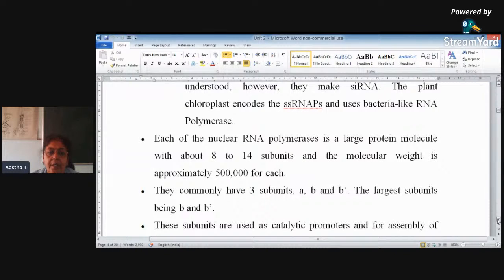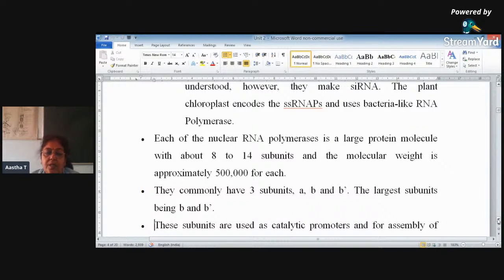Each of the nuclear RNA polymerase is a large protein molecule having 8 to 14 subunits and the molecular weight is 5 lakh daltons. They have 3 subunits A, B and B prime.